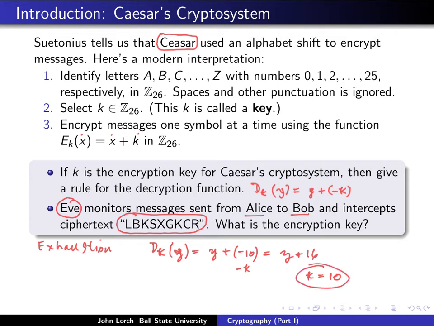Now you might be wondering, well, what is the message that corresponds to that ciphertext? Well, maybe you've already figured out that it's brainwash.